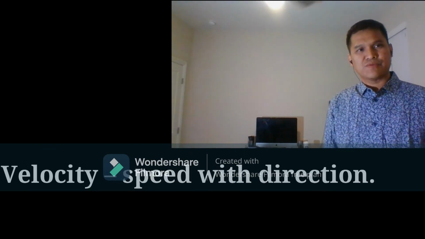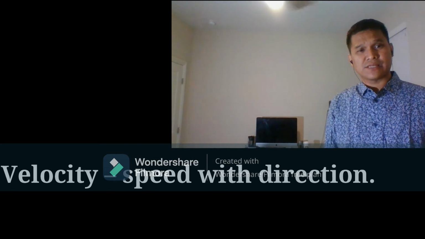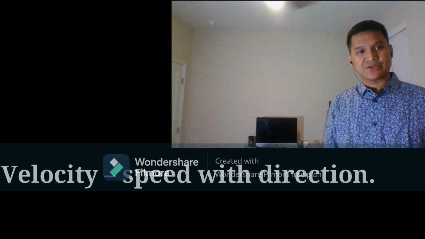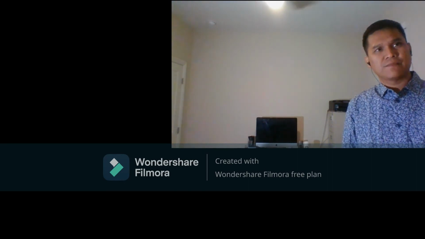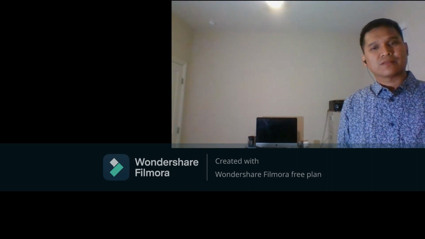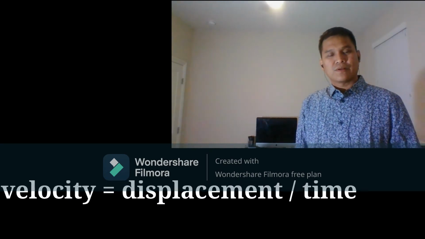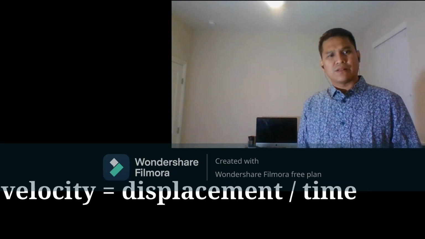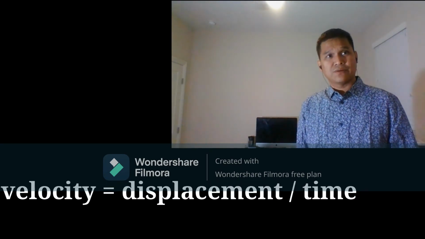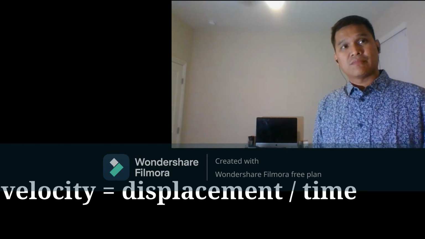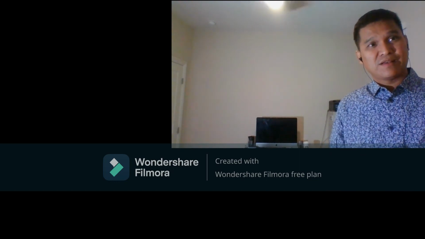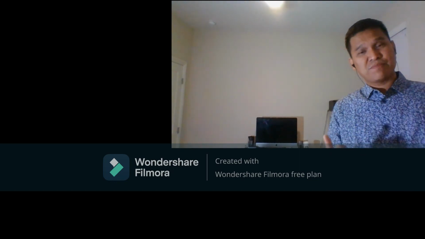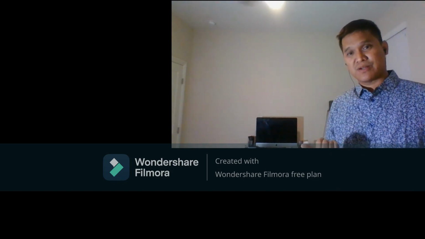Now velocity. We will be denoting velocity as letter V, speed with direction. In velocity, the mathematical equation is displacement over time. So the symbol letter V with an arrow, as I've mentioned, there's an arrow, so velocity is a vector quantity because displacement is a vector quantity as well.